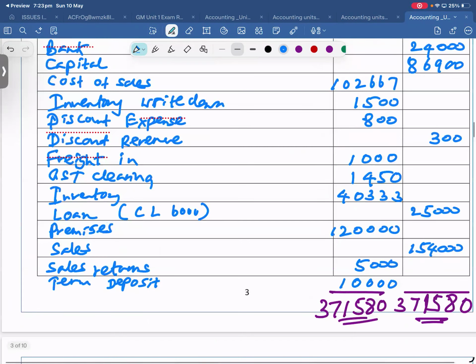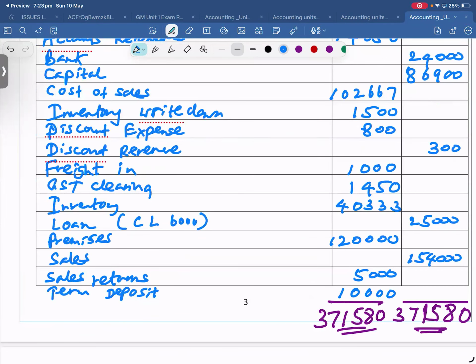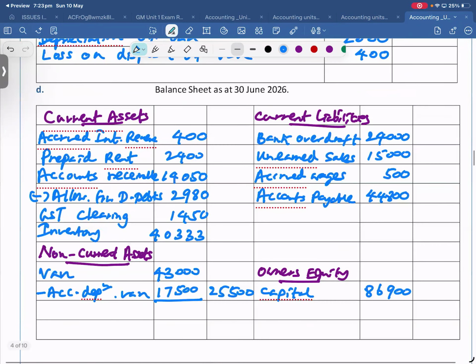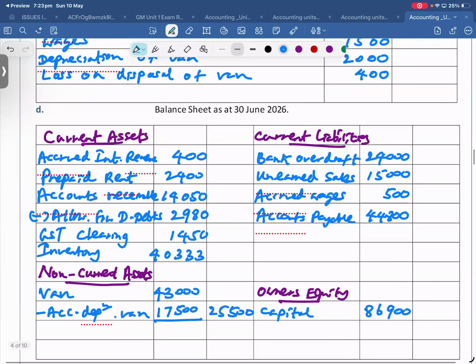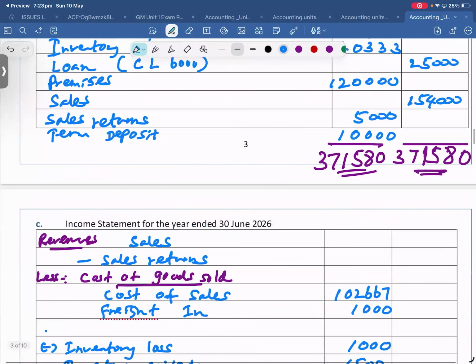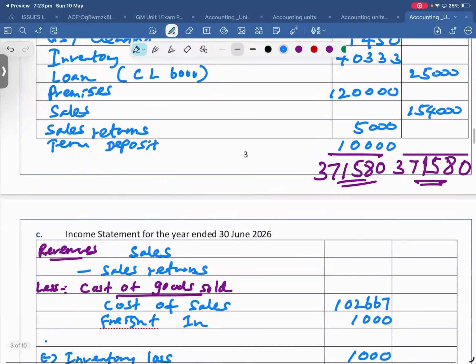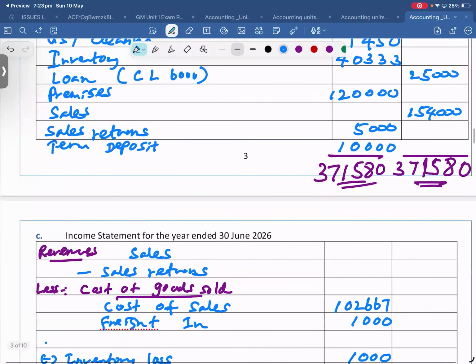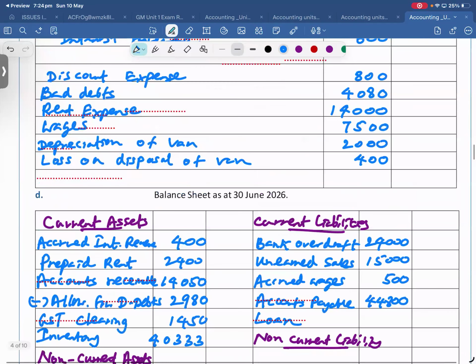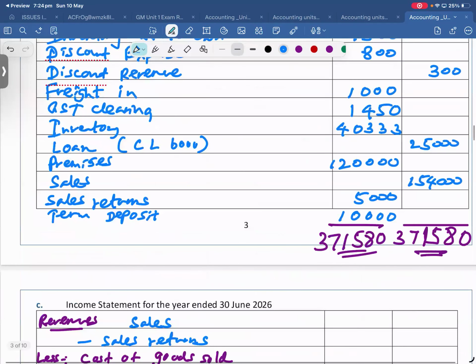Then loan, we have two parts, yes. Loan, non-current liability. 6,000, and down here 19,000.